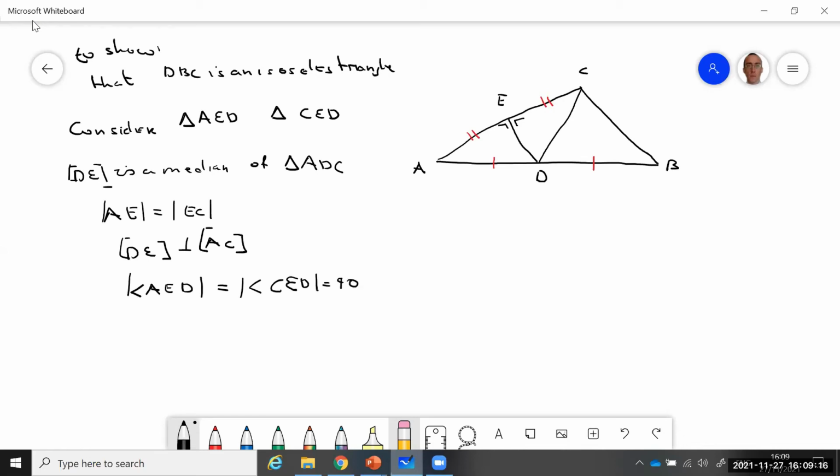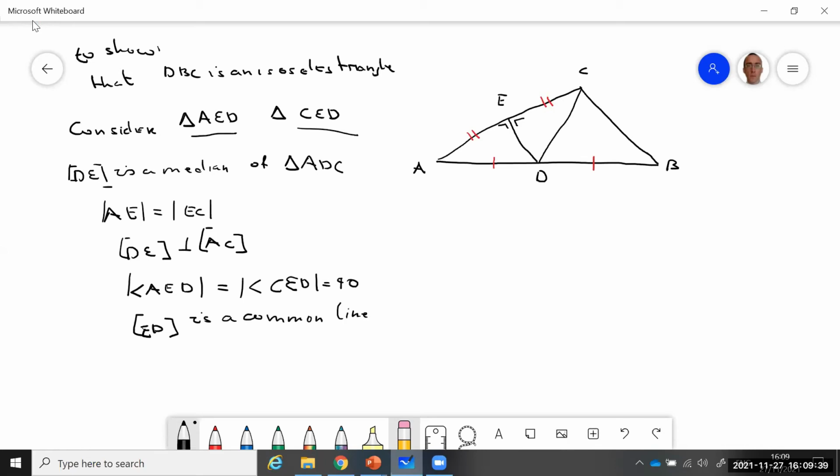Just looking at AED, the bottom triangle here, and CED, the triangle up and to the right of it, ED is a common line. In other words, it's common to both triangles.